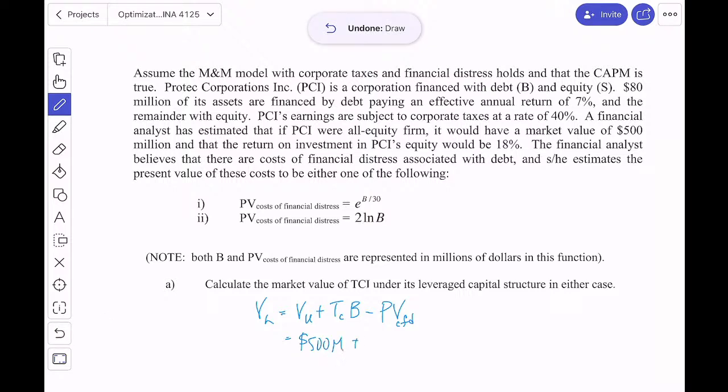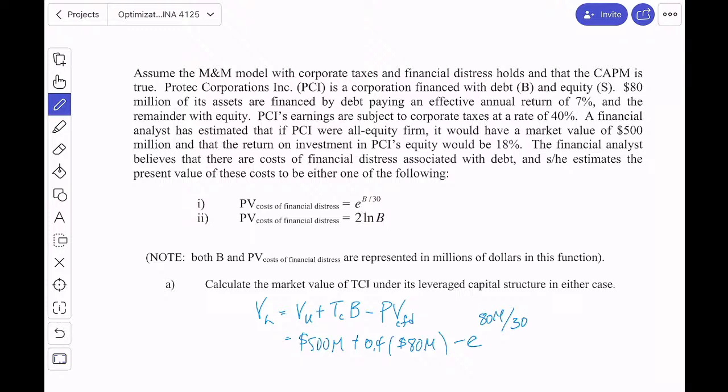And then the tax rate is 0.4, and the debt that we're talking about is 80 million. And now we have, let's use the first equation, where debt is 80 million and it's 30 on the bottom.